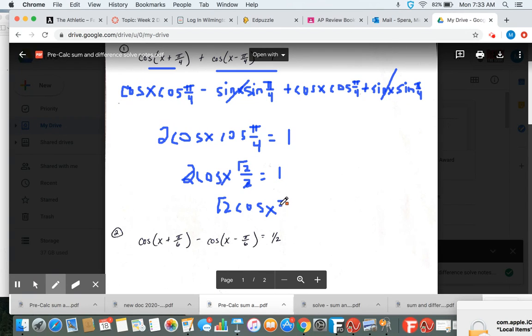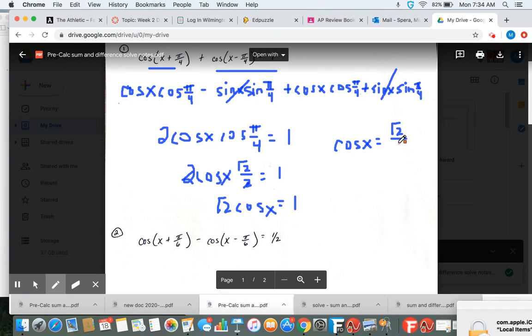If we divide by root 2, we would get 1 over the square root of 2, which we couldn't leave as that because the denominator would have a radical. So in our attempt to rationalize that, we would get root 2 over 2. Now we've solved for x, right? We got cosine x by itself.